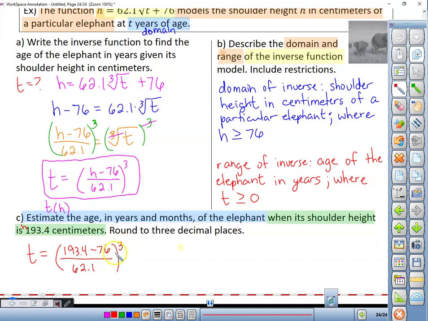So again, calculator comes in handy here. And again, if you're going to put this all into the calculator at once, do make sure you put your difference in parentheses before you hit divide by the 62.1, and then raise that quantity to your 3rd power.